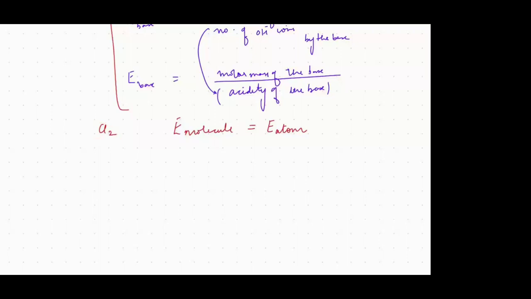So for Cl2, what exactly do you think is going to happen? This is a chlorine molecule. When we talk about the chlorine molecule, it is 1 mole of chlorine molecule, which means 2 times 35.5 grams of chlorine molecule.